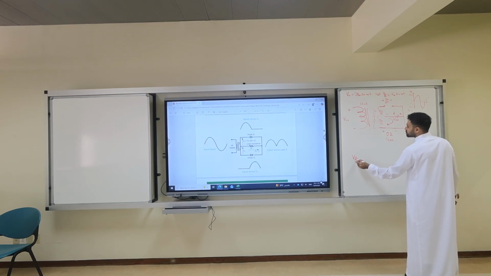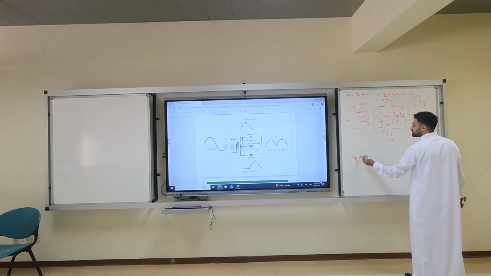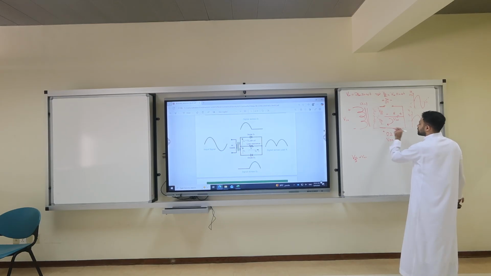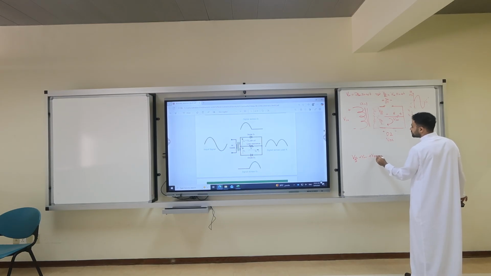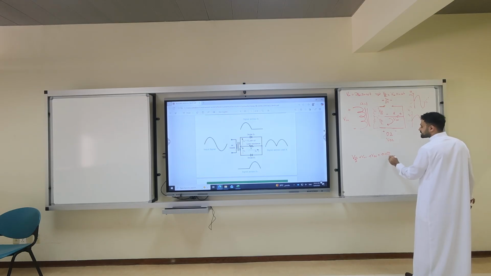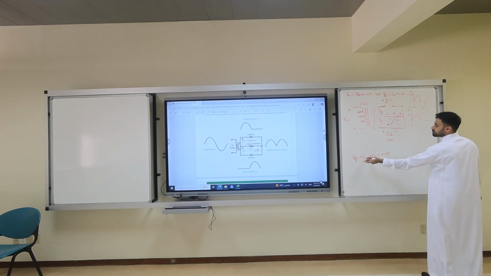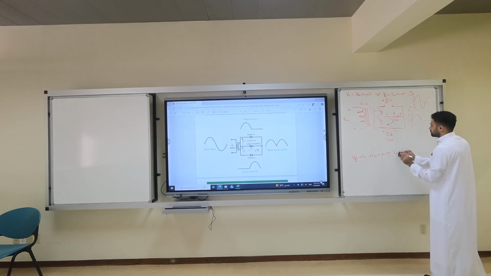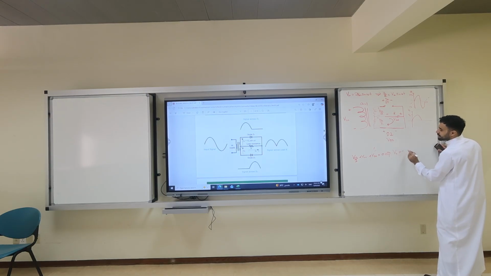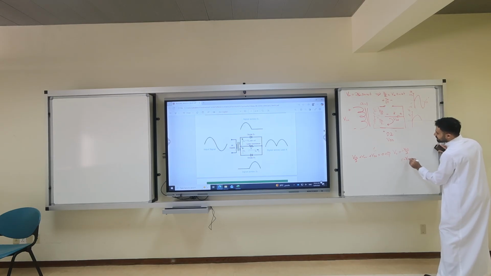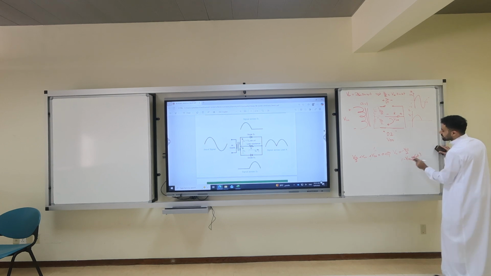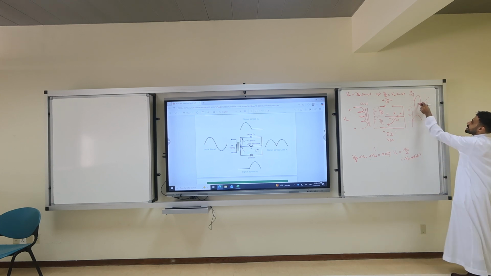Vin over 2 plus V output plus VD2 equals 0. This implies that this is 0. V output equals minus Vin over 2, which is minus Vm sine omega t. But sine omega t is already negative, so minus Vm will be that.